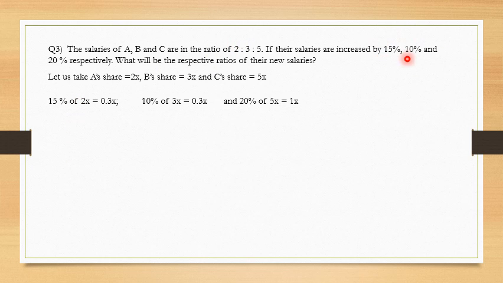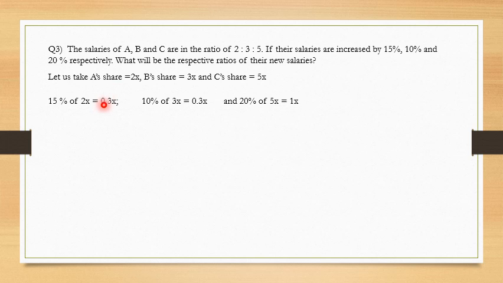2x का 15% होता है 0.3x, 3x का 10% होता है 0.3x और 5x का 20% होता है 1x. बट ओरिजिनल सैलरी क्या थी 2x, इंक्रीमेंट कितना हुआ 0.3x का.